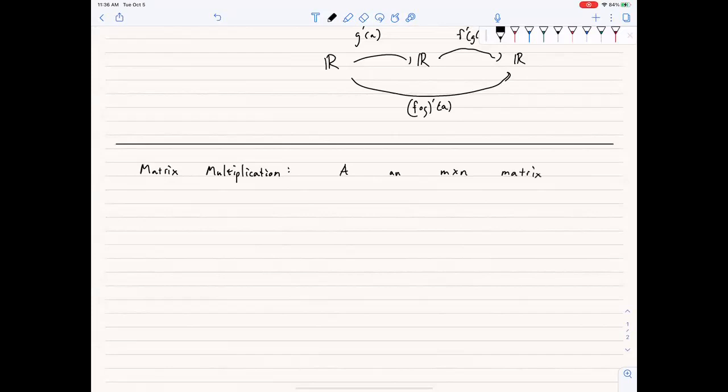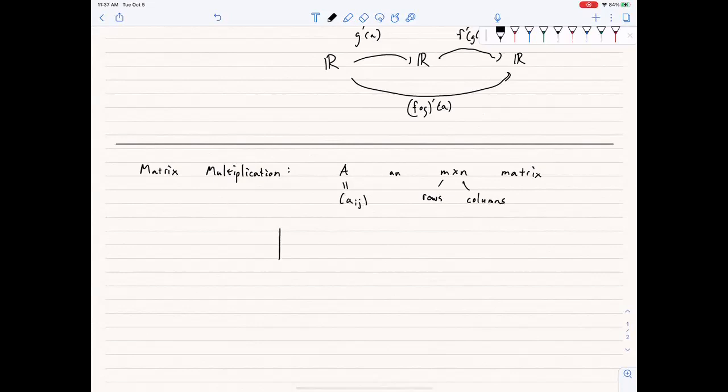This means that it has M rows and N columns. It's like a table of numbers. Usually we'll write the entries in that table as A sub ij, where i denotes the row number and j denotes the column number.